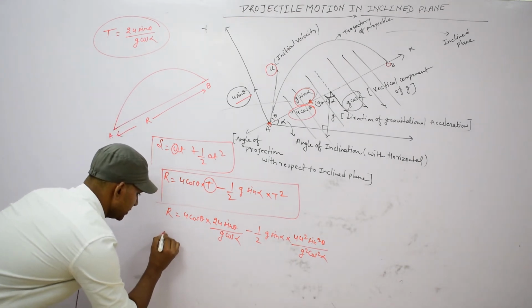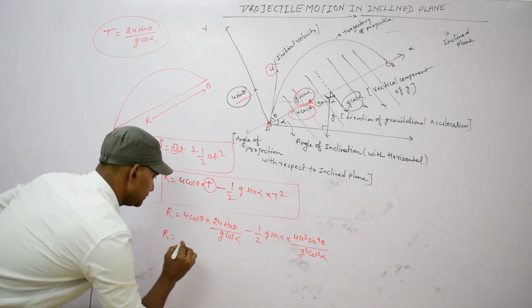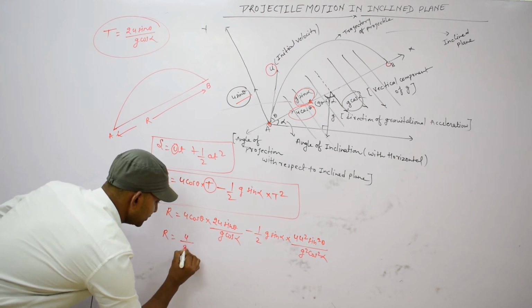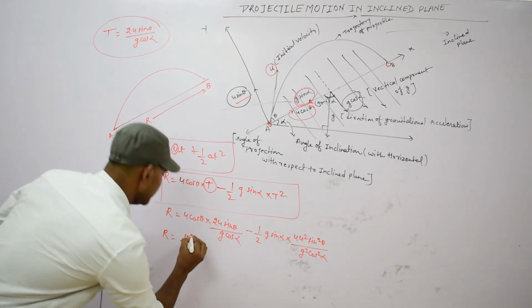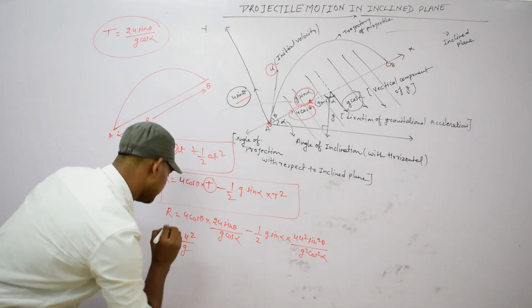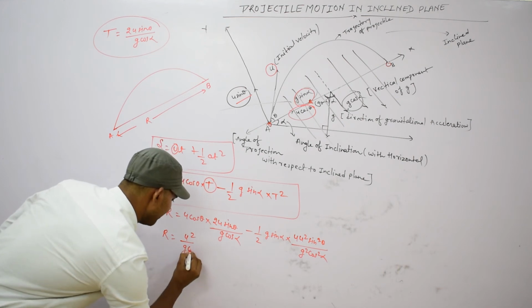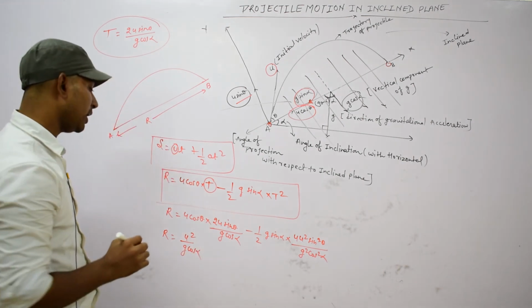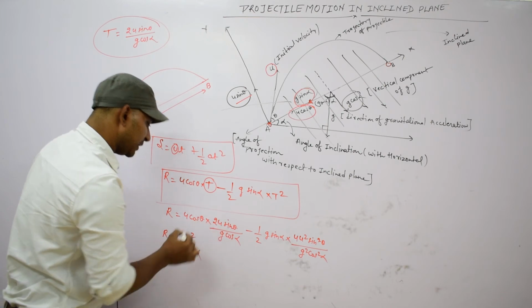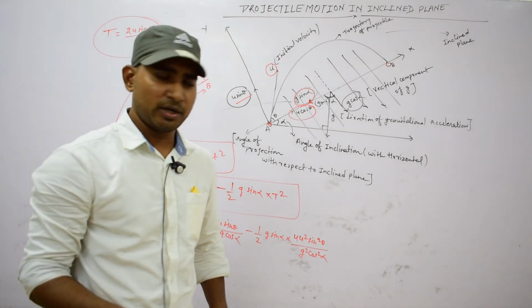So just see here that R is equal to u square upon g cos alpha. Now 2 sin theta into cos theta, we can write as sin 2 theta also.